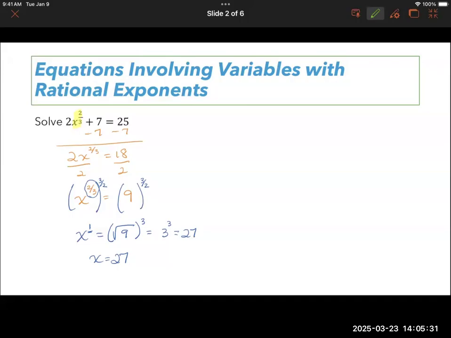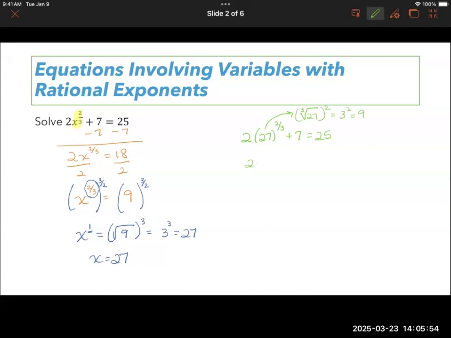So I'm just going to quickly go back to my original equation, substitute the 27 in, and just make sure everything actually works. So again, this means I'm really taking the cube root of 27 and then squaring that, which means I have a 3 squared, which is 9.